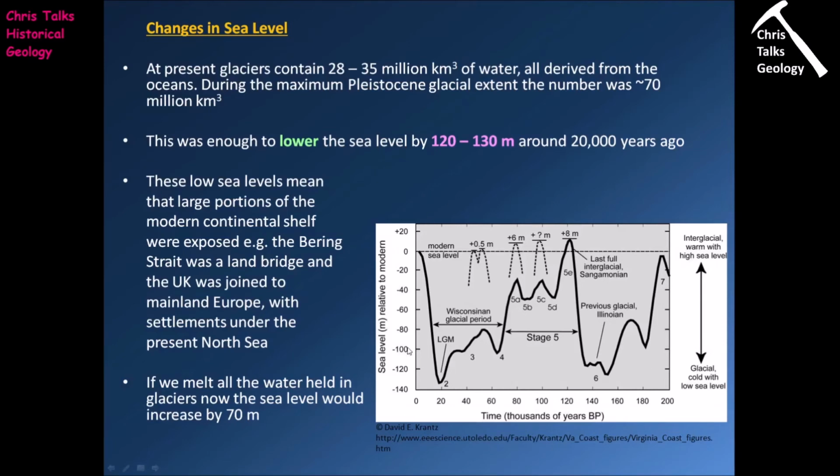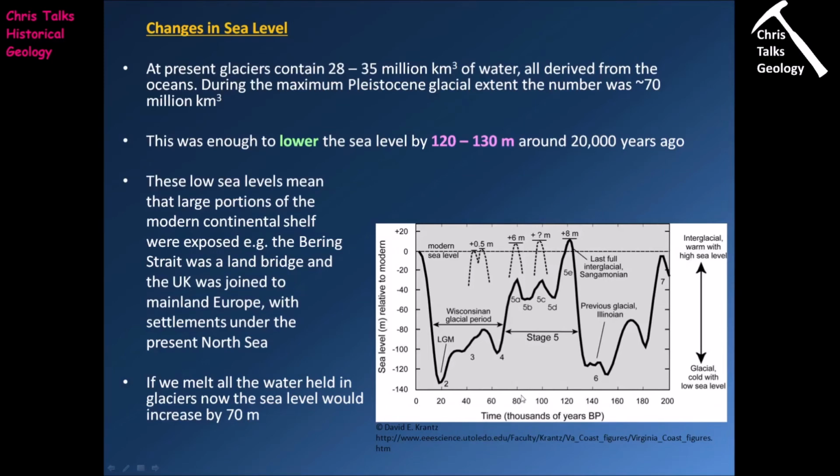Now, obviously, if we were to melt all the water that's held in glaciers now, that would lead to a sea level rise of about 70 meters. So this shows you just how extreme these changes in sea level can be when glacial ice is forming and melting. So if we look over here, we can see a diagram showing changes in sea level throughout the last 200,000 years.